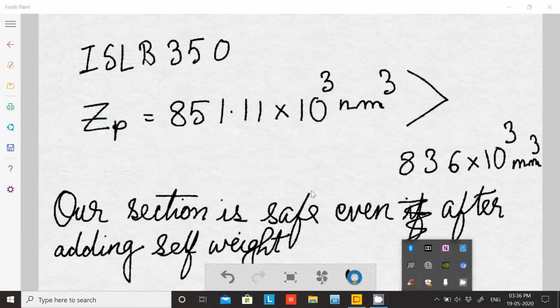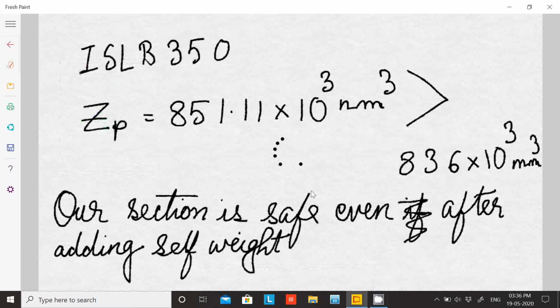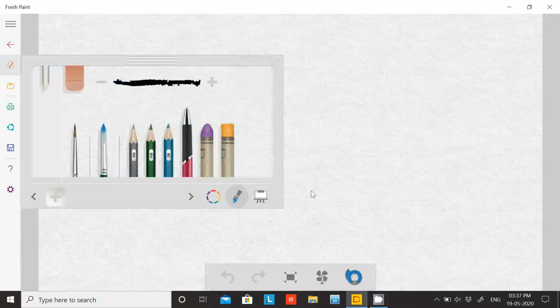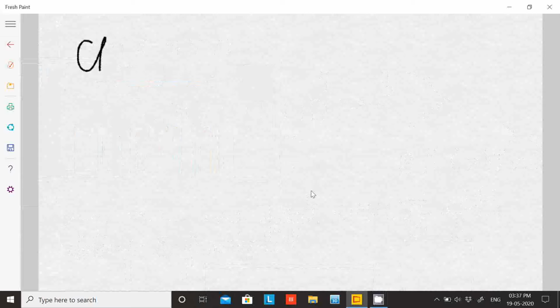Now after this step, what we will do is we'll be checking the section for shear force.